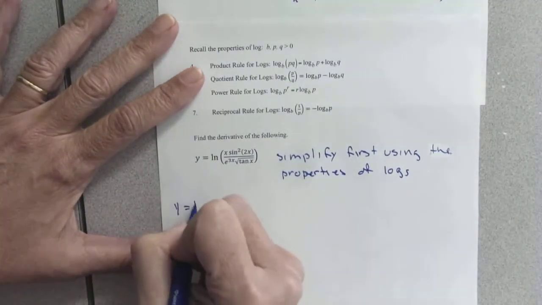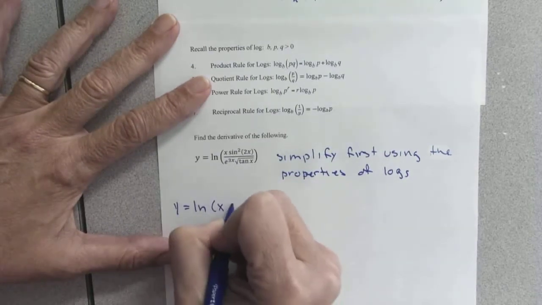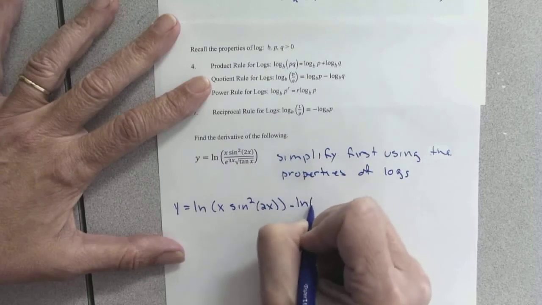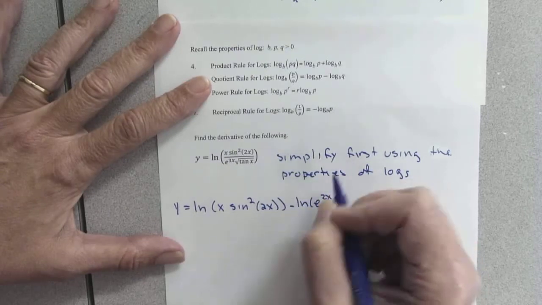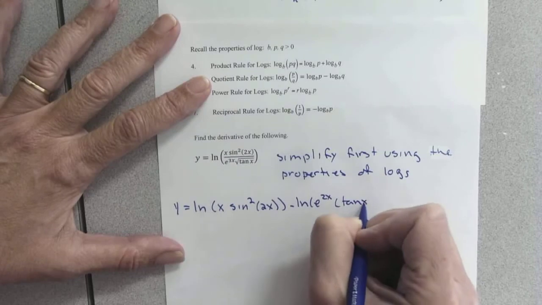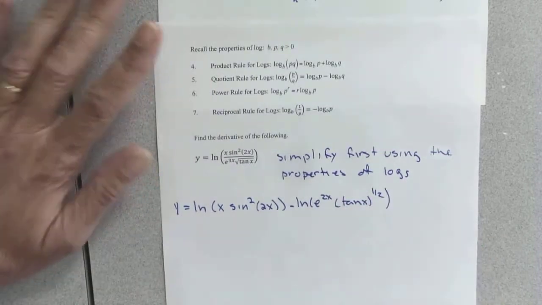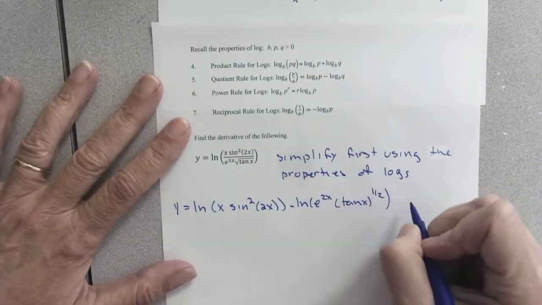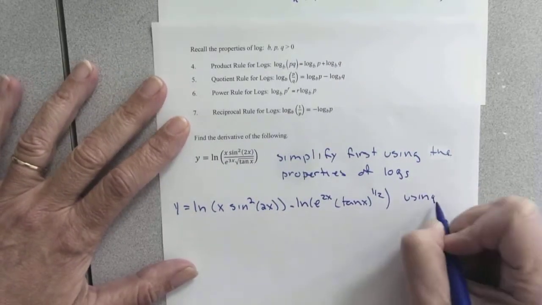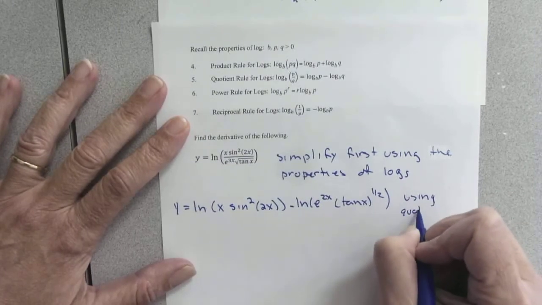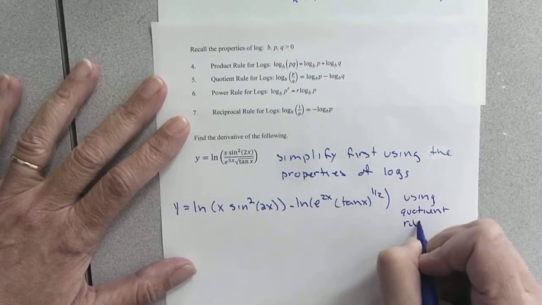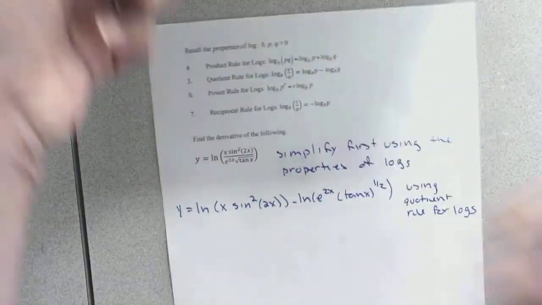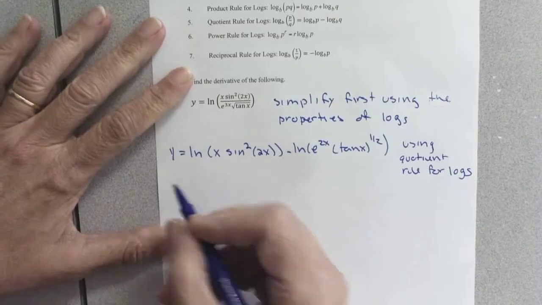So, first of all, I can split up that fraction by subtraction. And I'm going to rewrite the square root of tangent with an exponent. So that was the quotient rule for logs. Then keep simplifying.